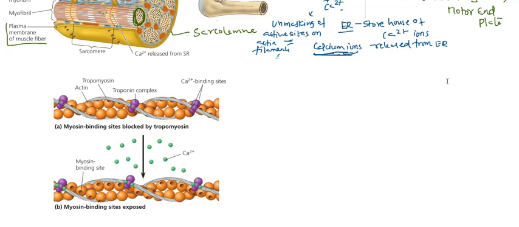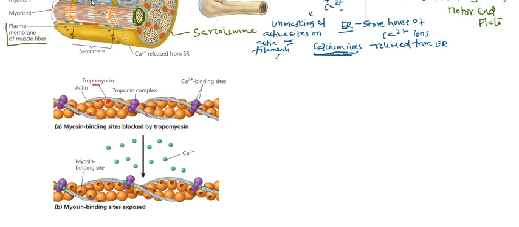So you can see in this diagram, the myosin binding sites are blocked by tropomyosin. These small holes that you see are the active sites on the G actins of the actin filaments, and they are covered by this rope-like protein, which is the tropomyosin.